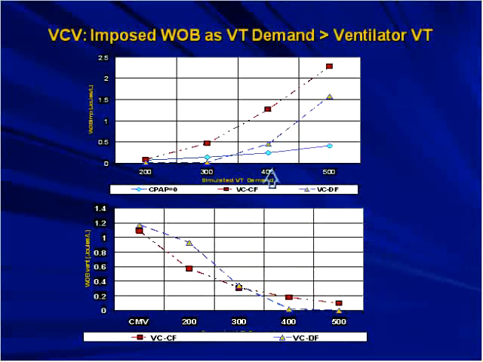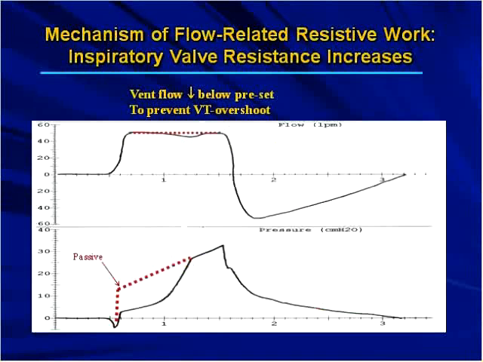So if it sees that the patient is trying to pull gas out of the ventilator beyond what it's supposed to be delivering, it will actually increase the resistance and increase the workload. And then down at the bottom, it just shows that the ventilator work of breathing actually falls to about 0. So this becomes a very important issue in terms of patient comfort.